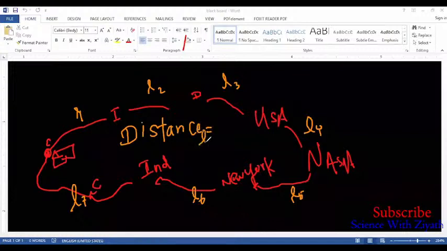L1 plus L2 plus L3 plus L4 plus L5 plus L6 plus L7. The total length of an object travel, and that is called distance.